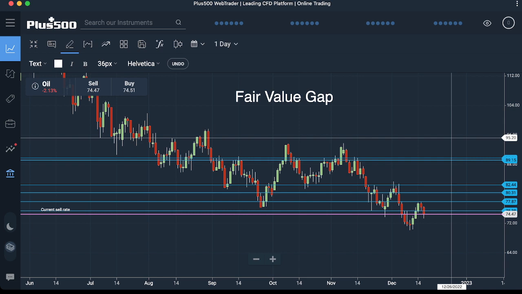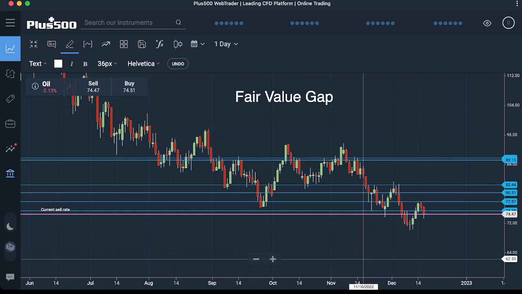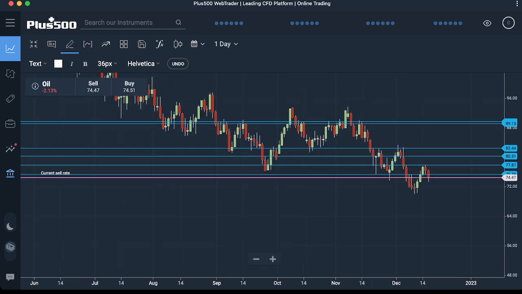So the next point is going to be about the importance of fair value gap, which is acting as support and resistance. So let's jump to the chart, and this is a daily chart for the crude oil, and you can see all these blue lines which I already made on the chart.